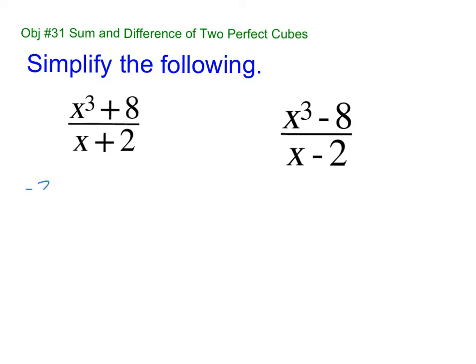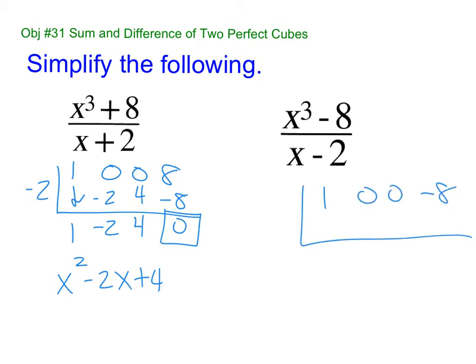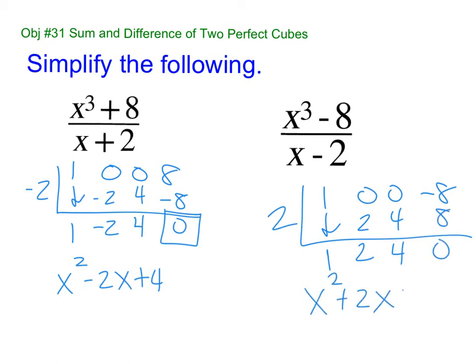So it's going to be negative 2 on the outside, 1, 0, 0, 8, 1, negative 2, negative 2, 4, 4. So we get x squared minus 2x plus 4. Then 1, 0, 0, negative 8, and we put a positive 2 on the outside. 1, 2, 2, 4, 4, 8, 0, x squared plus 2x plus 4.